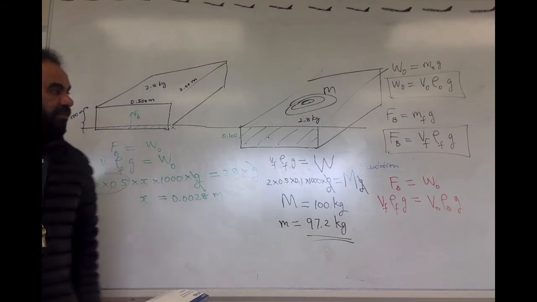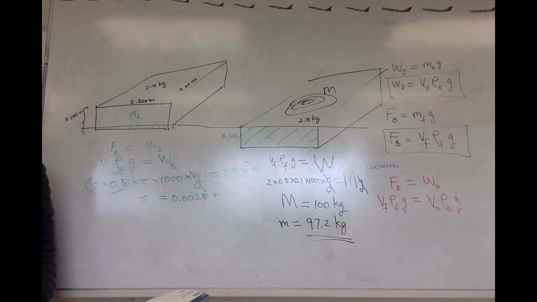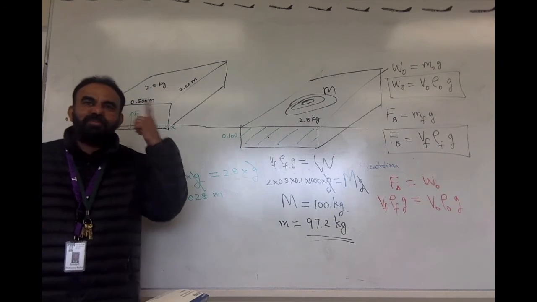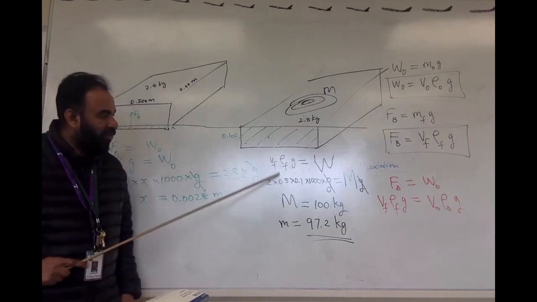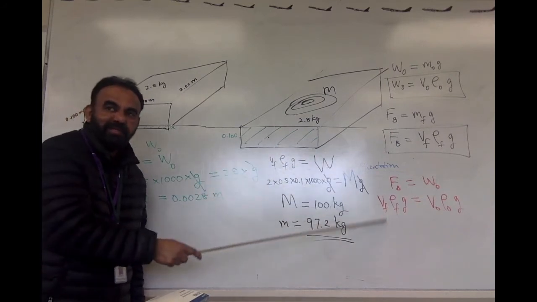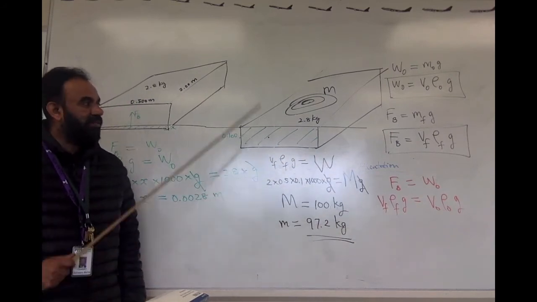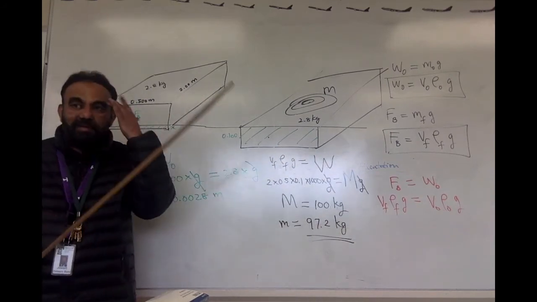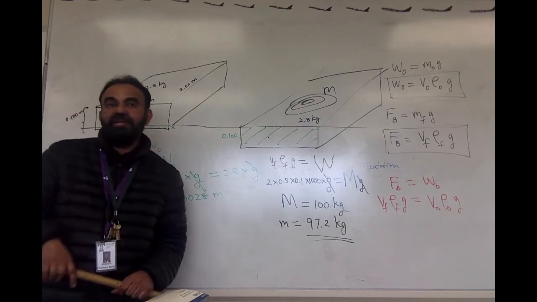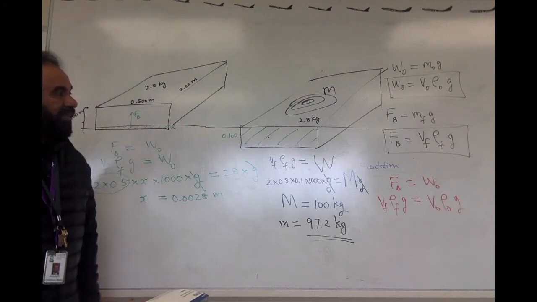Problem solved. And you can see how much thought process went into it and how much work we have done. We did the least amount of work to get to the answer. But the understanding of the scenario is very important, right? That's why drawing properly is a good idea to start.